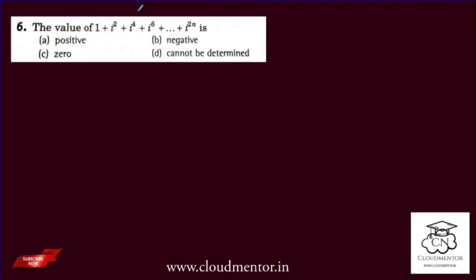The value of 1 plus i square plus i raised to 4 plus i raised to 6 plus etc. up to i raised to 2n is: positive, negative, 0, or cannot be determined. Here let s equal 1 plus i square plus i raised to 4 plus i raised to 6 plus etc. up to i raised to 2n.